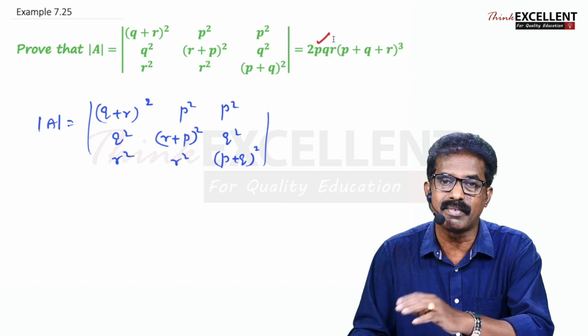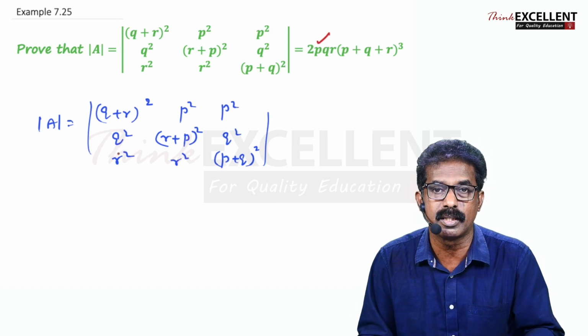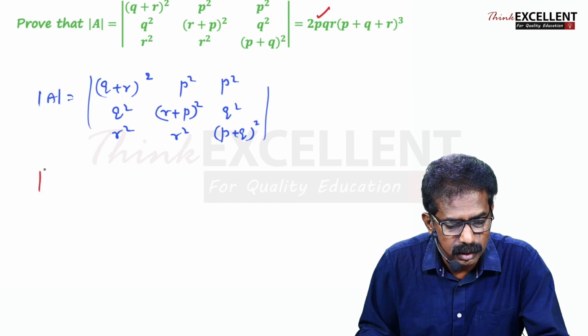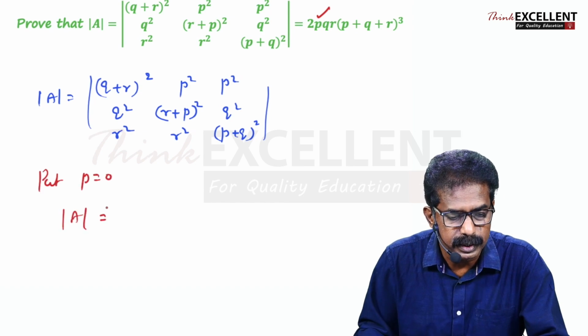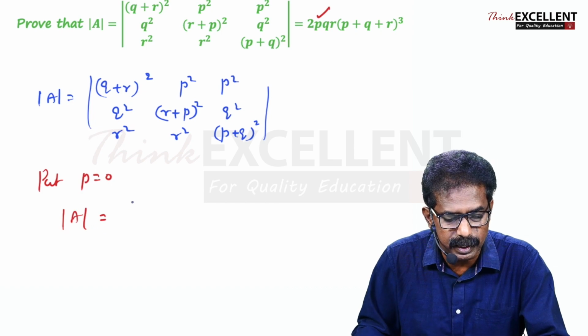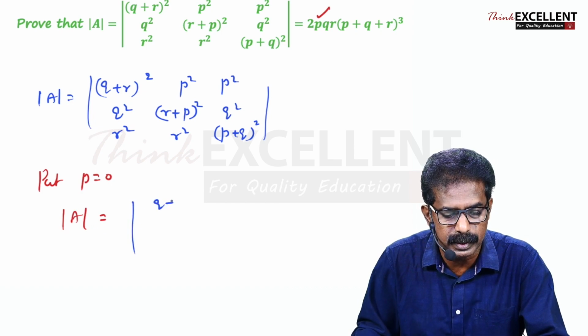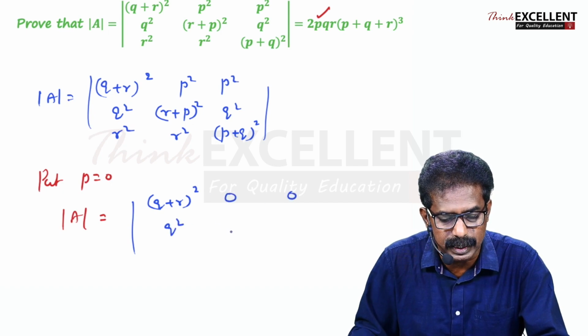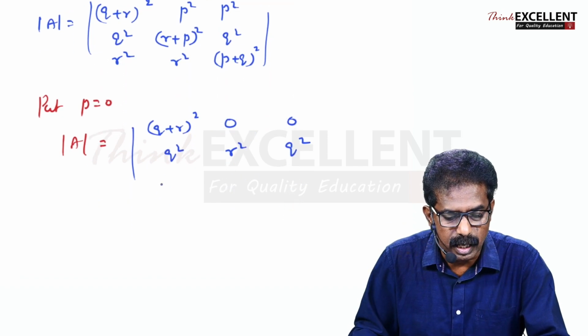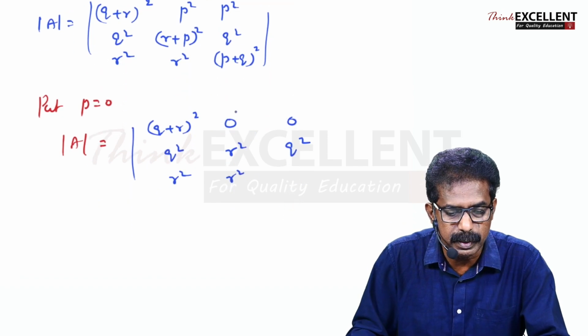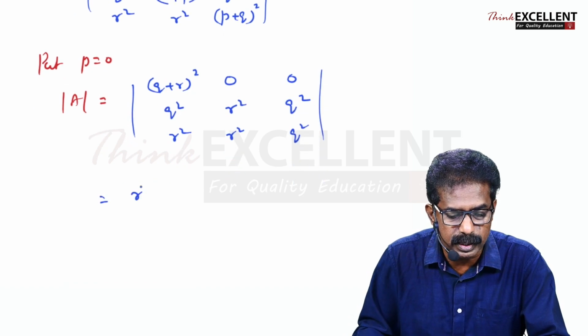First we have to get P is a factor. How can you prove P is a factor? Put P equal to 0. When you put P equal to 0, determinant A becomes, wherever P comes you put 0: Q plus R the whole square, 0, 0; Q square, R square, Q square; R square, Q square... Second column, R square is common.